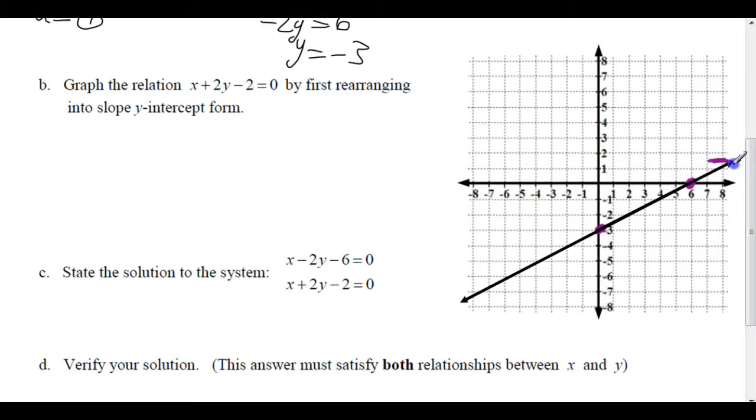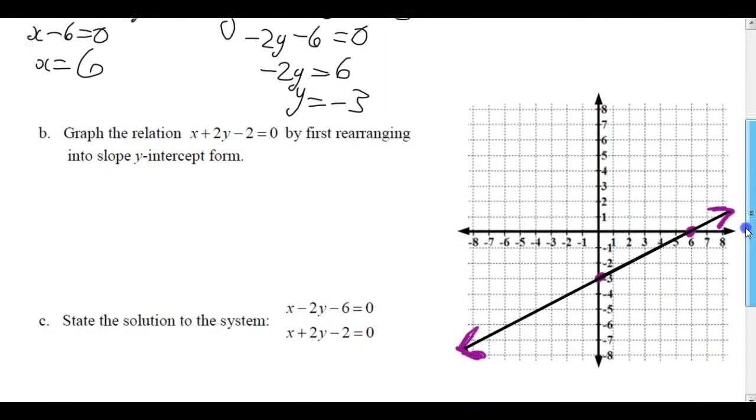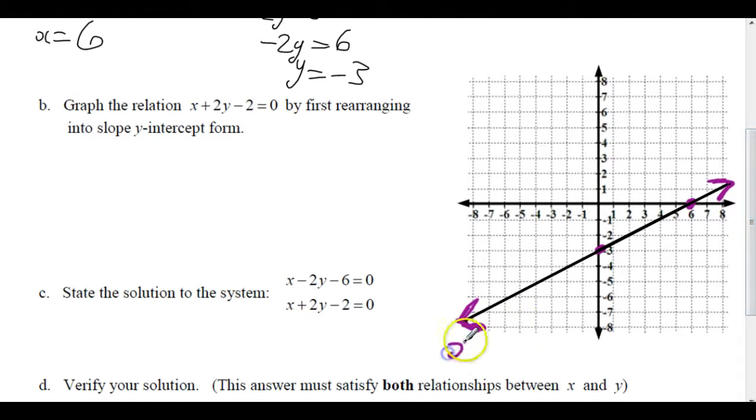Alright, let's draw those in. I mean, they're there, but let's make them really explicit. And let's label the line. Okay, so that's x minus 2y minus 6 equals 0. And I should maybe highlight that.